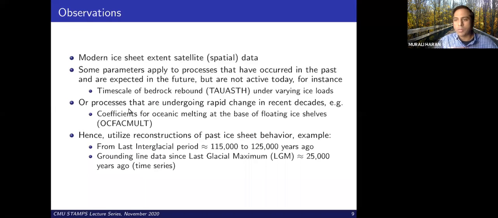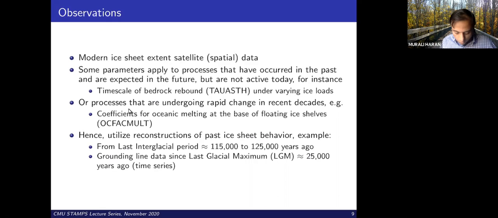And you cannot learn about that if you don't have an opportunity to include information about a major change in the ice load. So you need information going far back, or you have processes that are undergoing rapid change in recent decades. If you just look at one snapshot, it's very hard to get enough information about this.